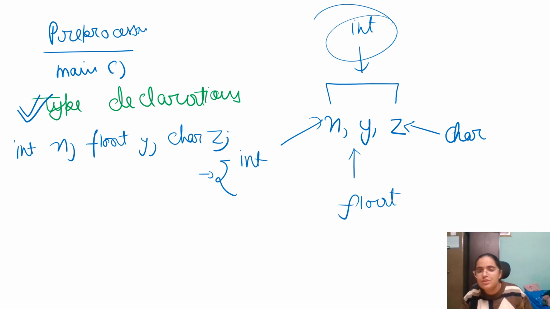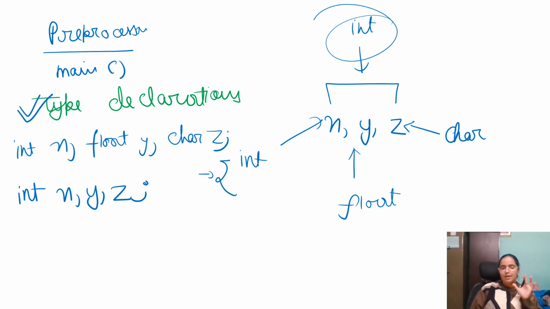If this condition is true, then I'll write int x, comma y, comma z, and this is how it works. Type declaration is basically declaring what kind of number, what kind of character I am supposed to add.